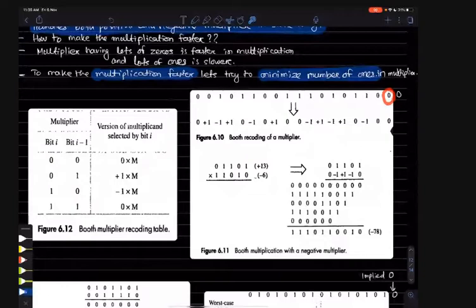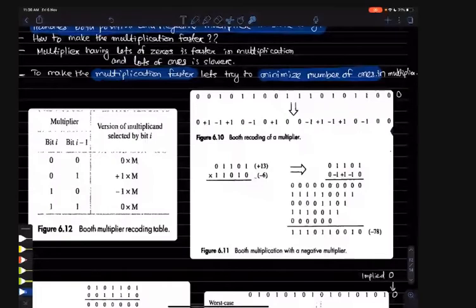The i minus 1 bit is 0, the i bit is 0. So what will I write? 0. This is the coded output, 0. Again i minus 1 bit is 0, i bit is 0, the output is 0. The i minus 1 bit is 0, the i bit is 1: 0, 1, output minus 1.